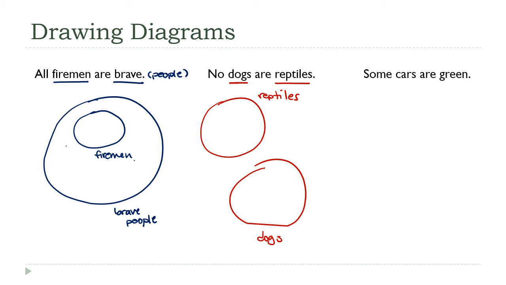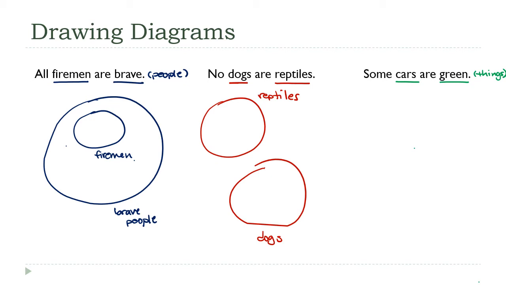So finally, we have some. Some cars are green. So what are my objects here? Well, one of them is obviously going to be cars. And the other one, green, this is another one I'm going to have to qualify a little bit. I'm going to say green things. So now I know that some cars are going to be in the green circle, but some aren't.